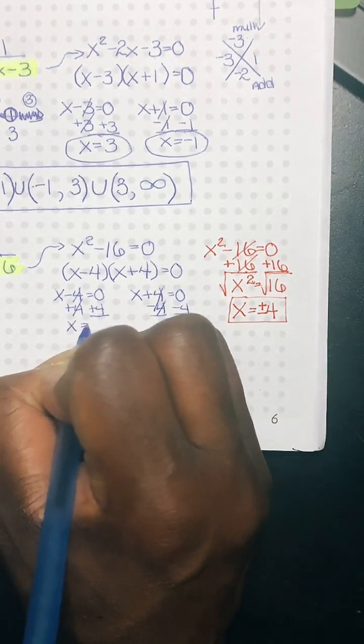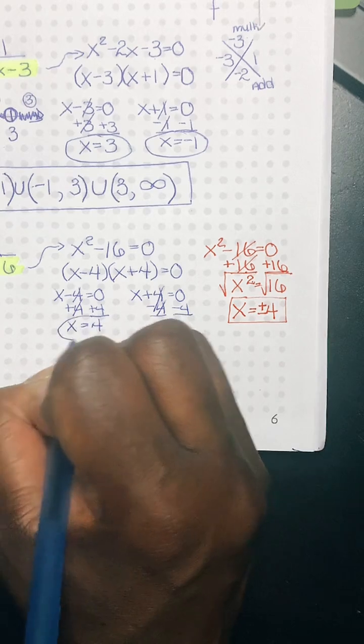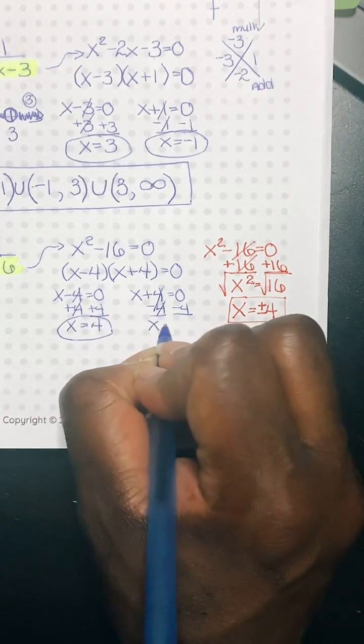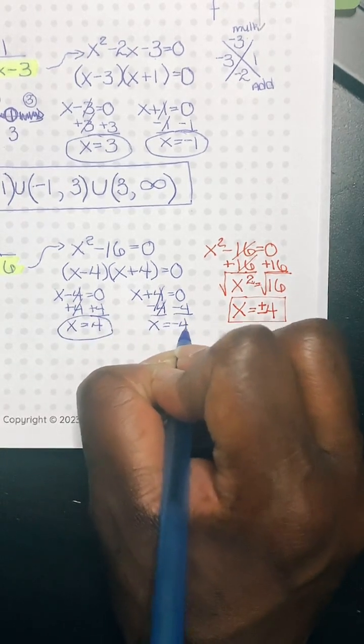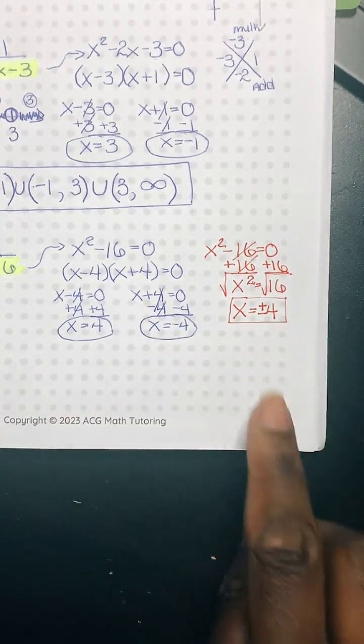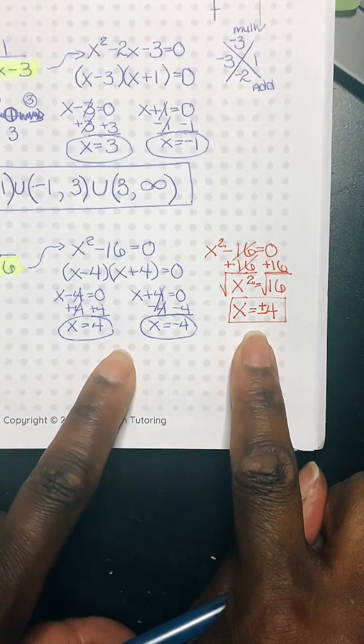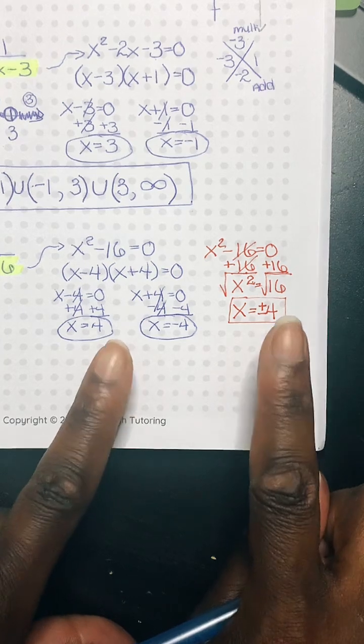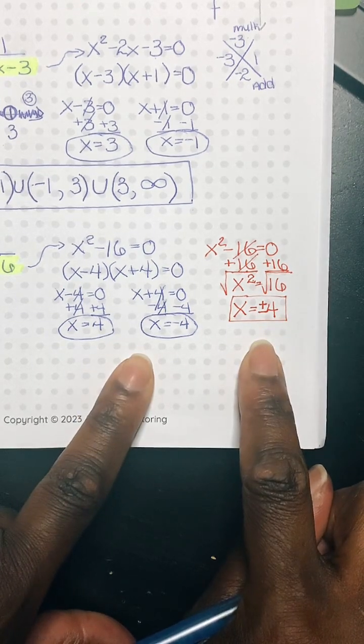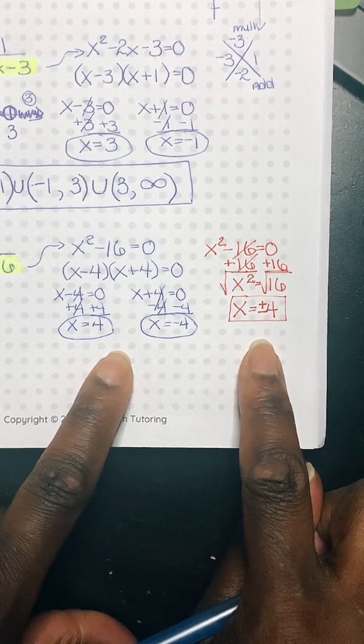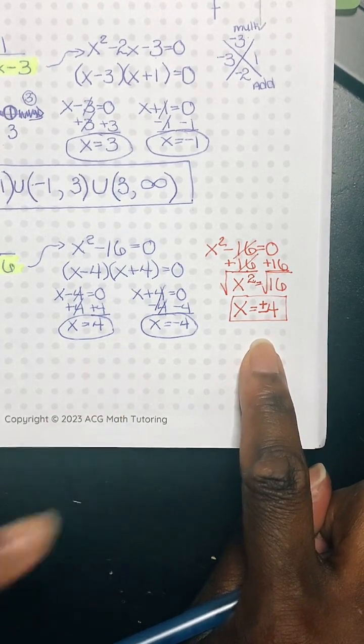So I have x is equal to 4. And x is equal to negative 4. Okay, so you got two ways of getting the same answer. All right, so you get to pick which way you want.